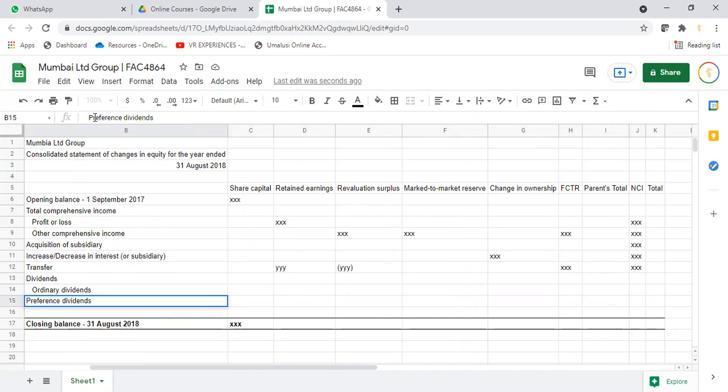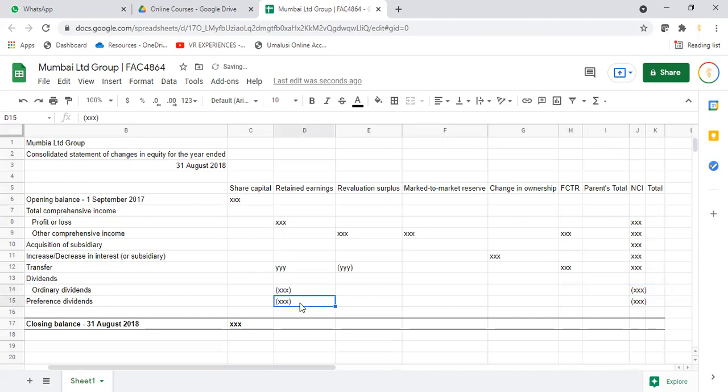Okay, so what's important to take note, it will be under retained earnings. So the dividends over here will only be the dividends that the parent declares. Okay, so only the dividends that the parent declares. And then over here, it will be the dividends that the sub declares, but only the NCI's portion. So this over here would be the dividends that the sub declares, but only the NCI's portion. This over here will be the dividends that the parent declares.